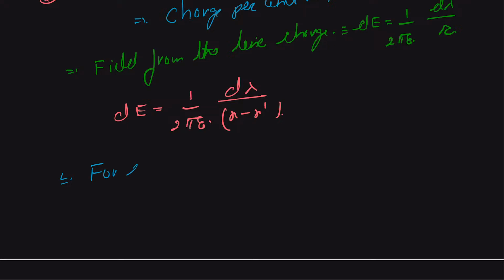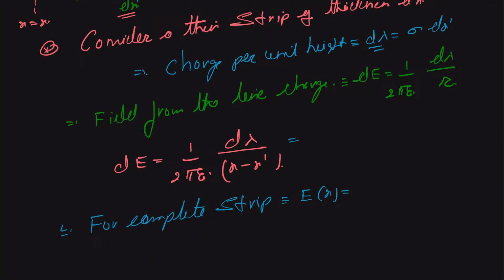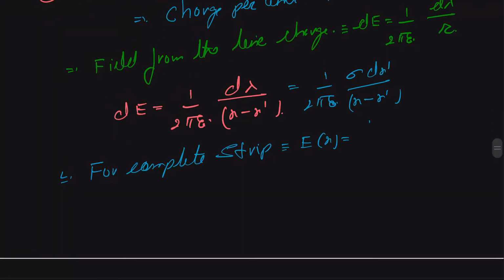So for the complete strip, the electric field at point x will be equal to, substituting our d lambda, 1 upon 2 pi epsilon naught, sigma dx prime upon x minus x prime. So we integrate from 0 to b.